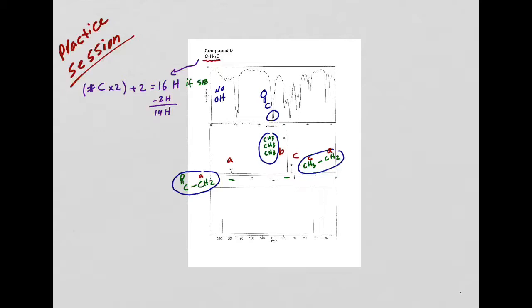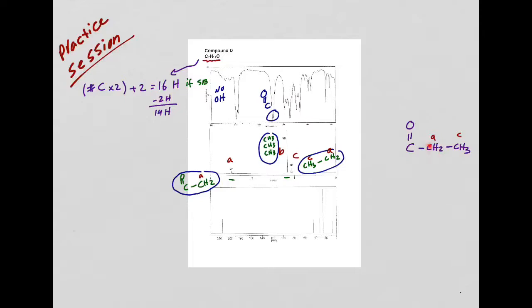What we do know is that we have a carbonyl that is attached to a CH2, and we think that the CH2 is attached to a CH3, right? Because we got this part down. So this would be my A peak, and this is my C peak. That makes sense. The splitting makes sense because this is a quartet, this is a triplet. The chemical shift makes sense, okay?